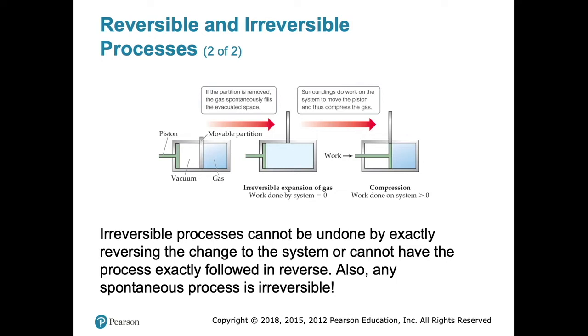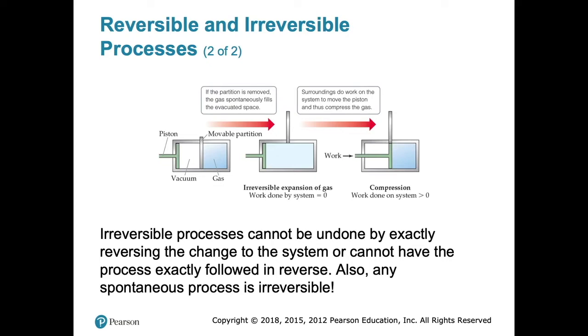Because the gas has already expanded to the entire vessel, and so there's really no way to get it back to the way it was before, where the gas was only on one side. The only way is to do some work, and that work is to use this piston right here and push it so that it compresses the gas, and then the gas will go back to its normal state, right?